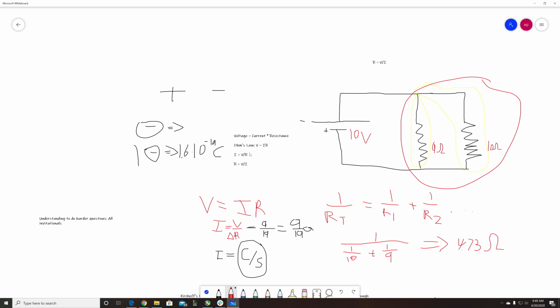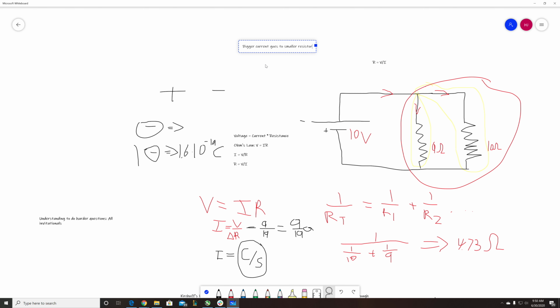Now, how does this derive into how you know the current between these resistors? Because the current here actually splits up in this case. A way to think about this is that bigger current goes to the smaller resistor.